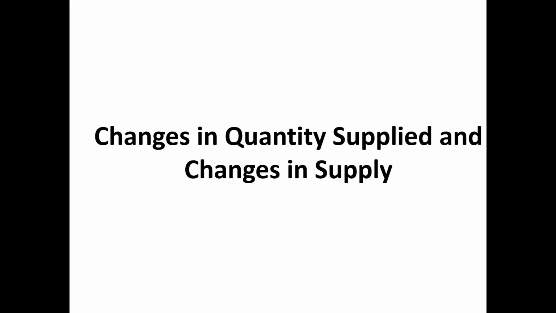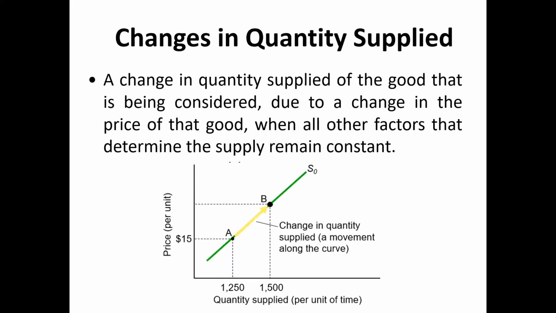Movements along the curve are affected only by price, though there are a large number of determinants of supply. That's why the law of supply we should learn separately, with price as the considered factor.